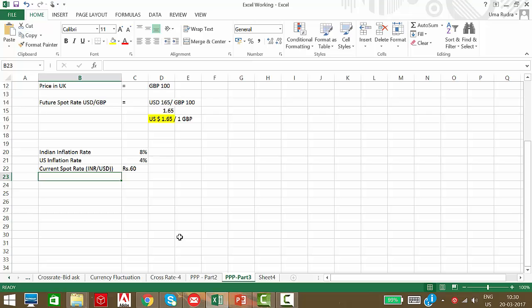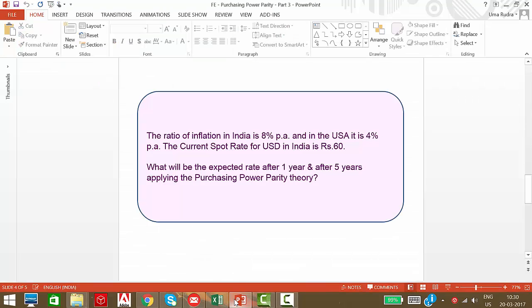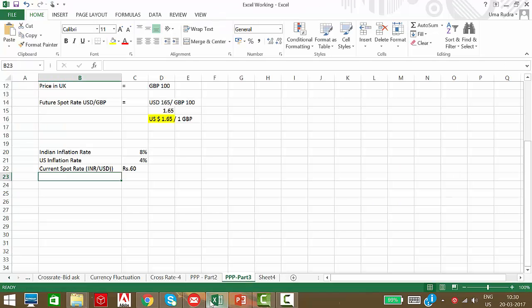That's the current spot rate. So the question is what would be the expected rate after 1 year and after 5 years? Imagine for 5 years inflation in India is 8% per annum, and in US 4% per annum. It's very simple. So what would be the future spot rate?